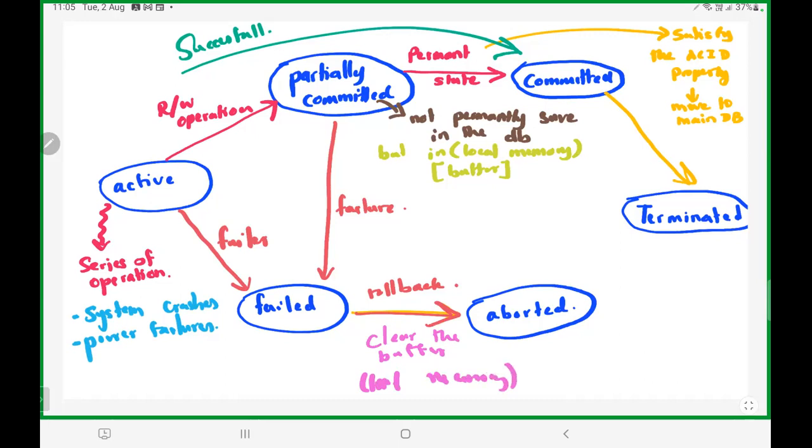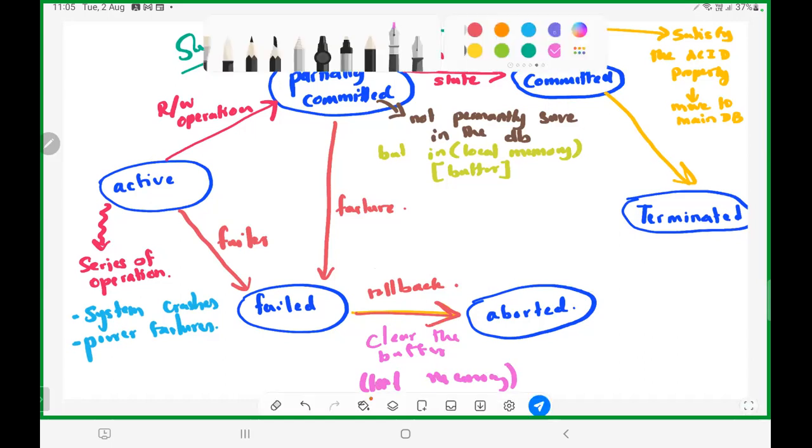Then the transaction will be aborted. After everything is rolled back, the transaction will be aborted. Abort means keep unchanged. No change happens. Then the transaction will be terminated without any changes.